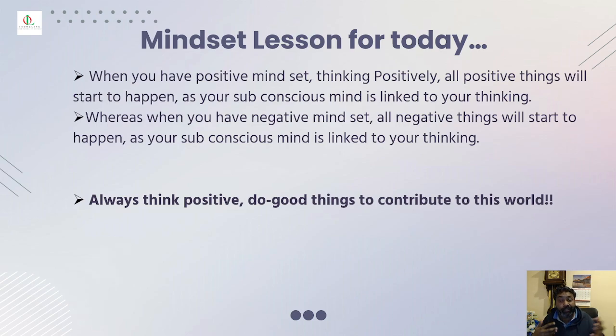Whereas when you have a negative mindset, all negative things will start to happen. Your subconscious is controlling you toward negative things, like, oh yeah, you can put it off until tomorrow. So whenever you come up with any negative things, just throw that away. Don't get into that. Just always focus on positivity.